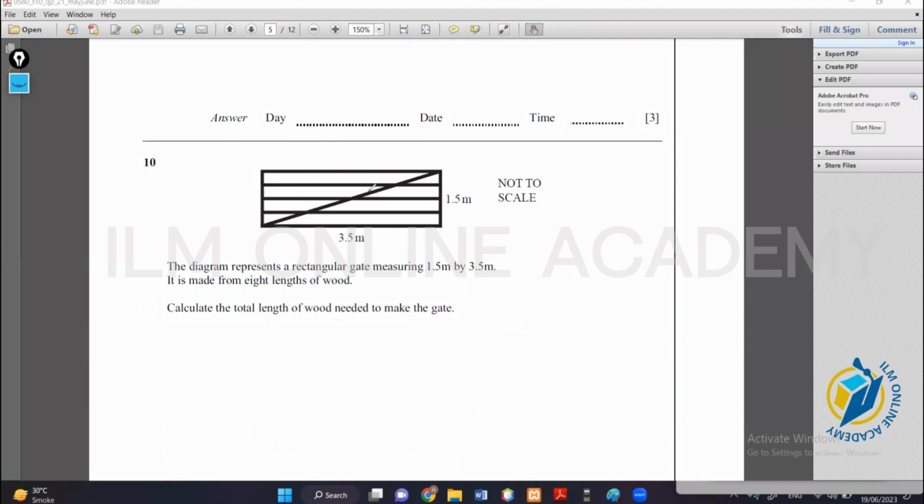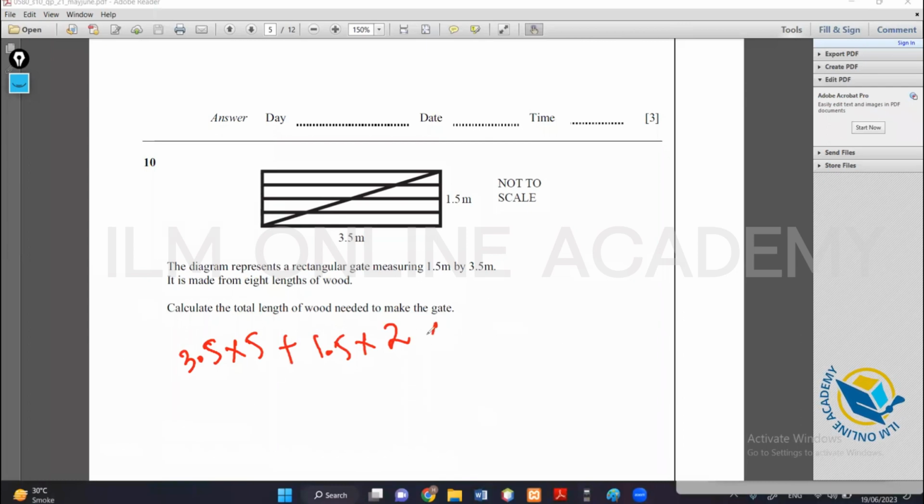So now we have to find the total length of wood. If you analyze it, these 5 horizontal pieces of wood are of length 3.5. So I will write 3.5 multiplied by 5, plus these pieces are of length 1.5, so 1.5 multiplied by 2. Now we have to find this diagonal length.